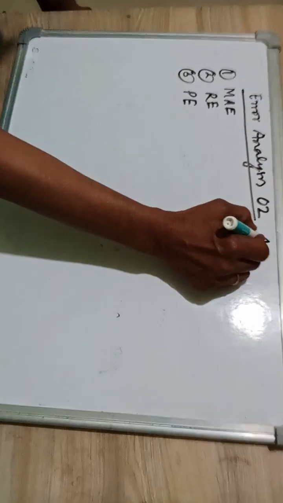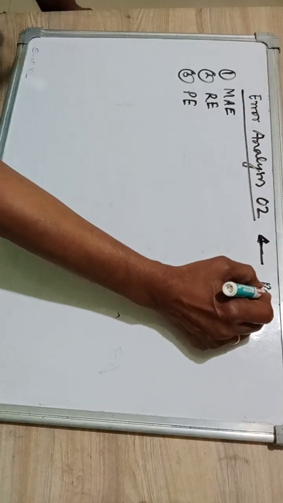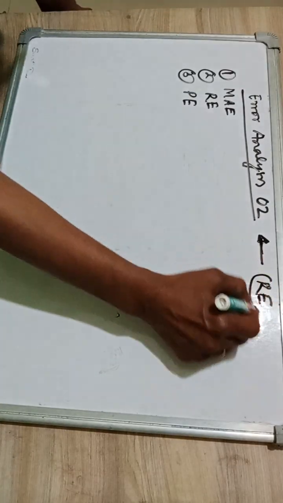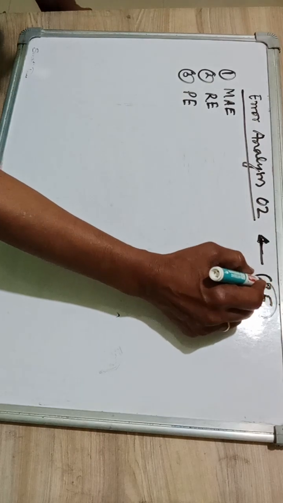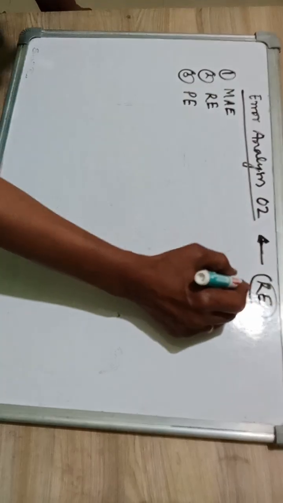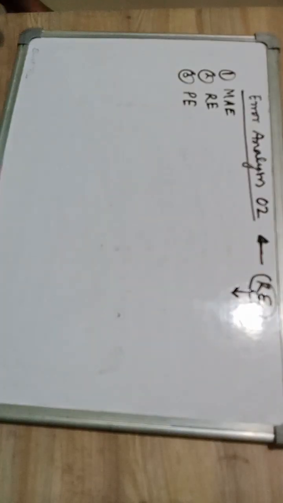Already we have discussed that every measurement has absolute error and random error, that is unknown error or variable error, that we cannot find out its exact value. For that we have adopted different methods.